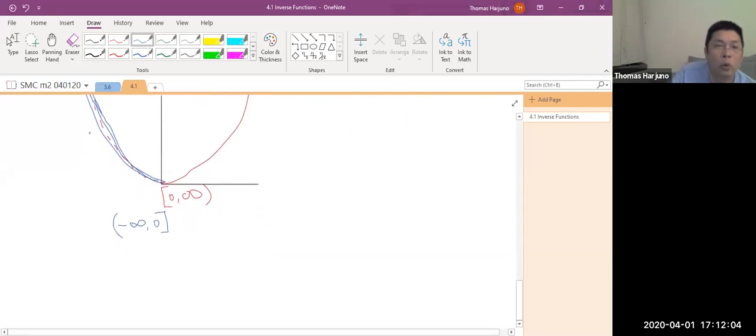Now, how do we go from this one-to-one function to the inverse function? Here's the thing.